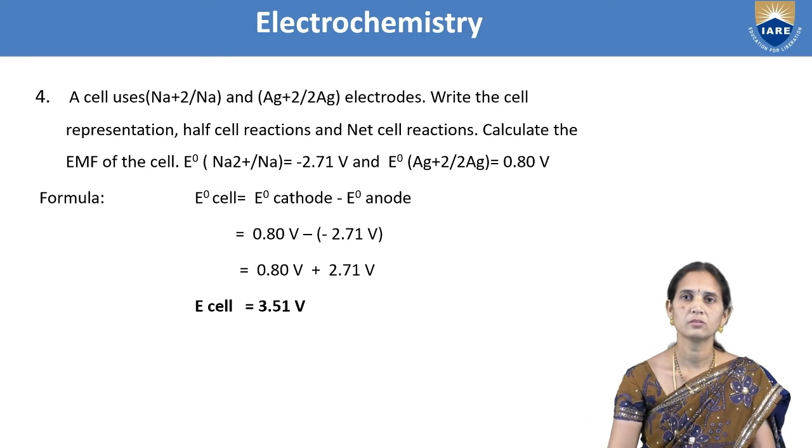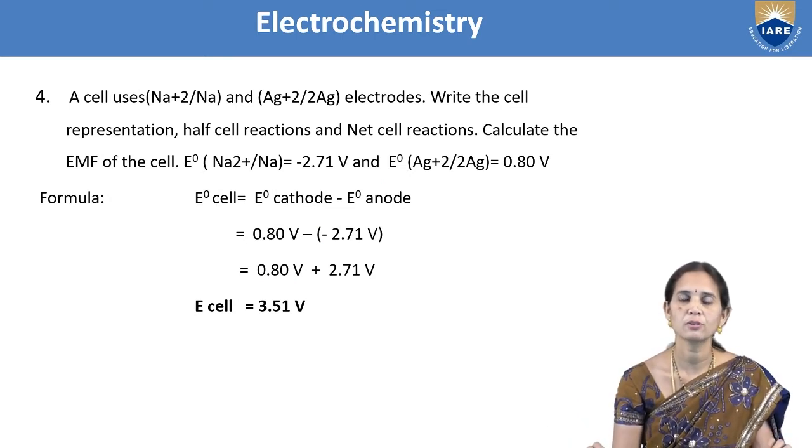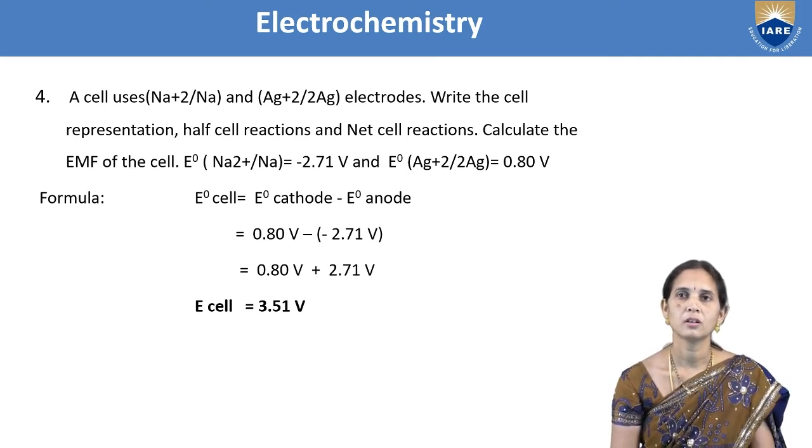So the fourth one, a cell uses electrodes. The given cell is a sodium electrode and a silver electrode.